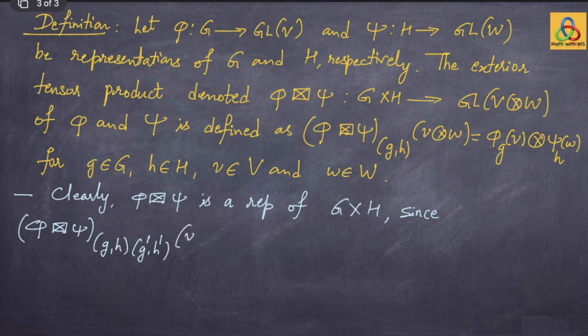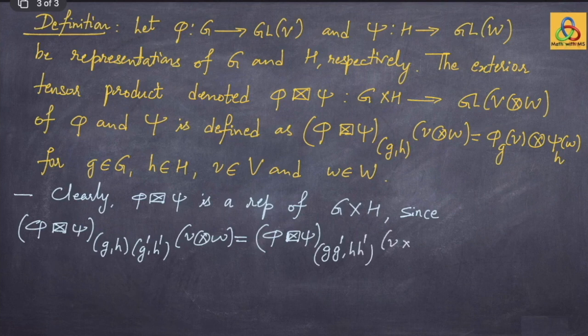This will act on a generating vector, that is v tensor w, which is the same as, by definition, now multiply the two group elements in G times H, that becomes (gg', hh'), because it's a direct product. It will act on v tensor w, which now by definition is the same as phi of gg' acting on v tensor psi of hh' acting on w.